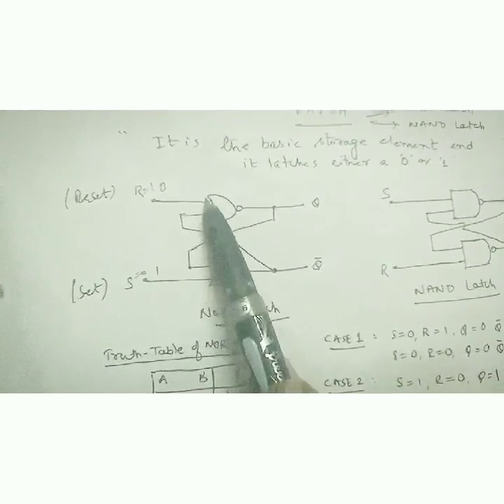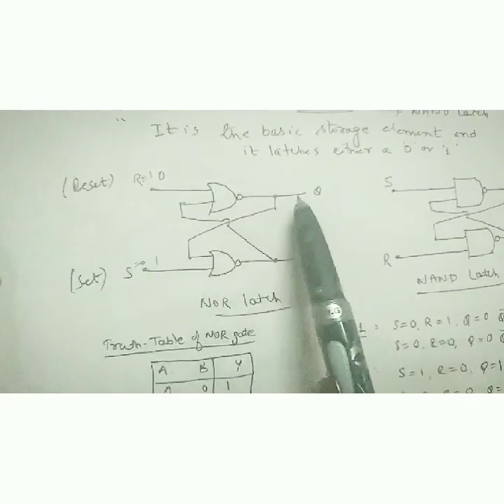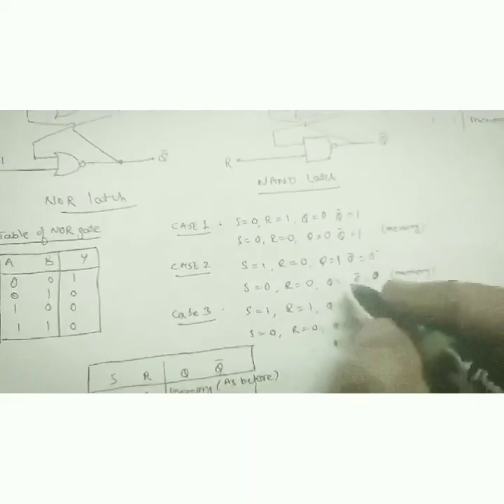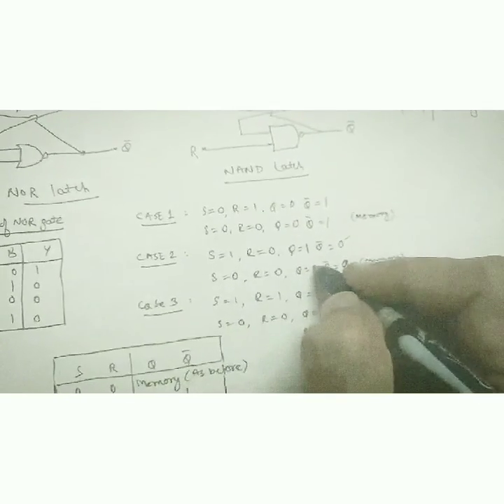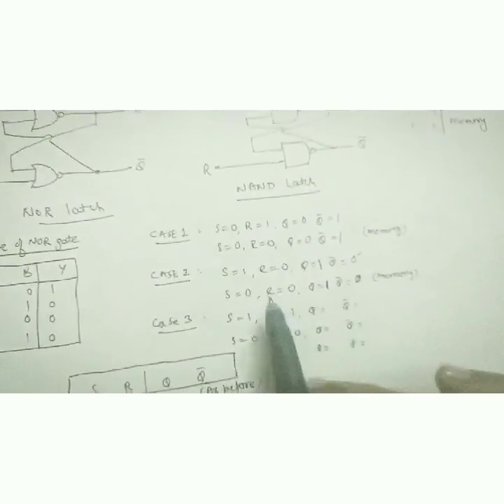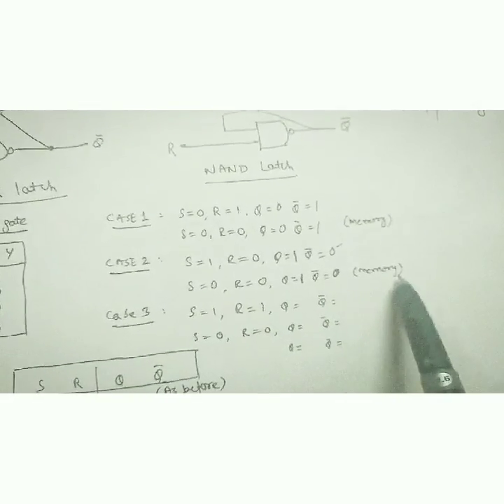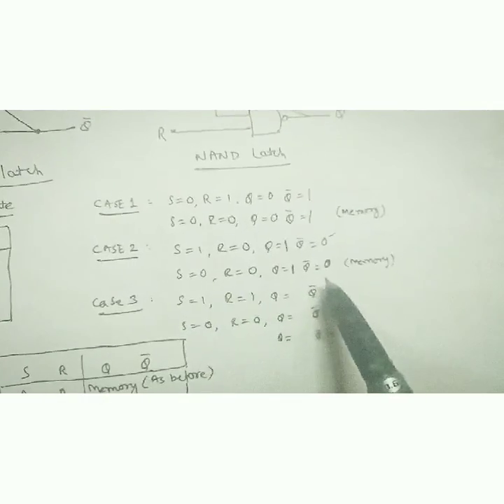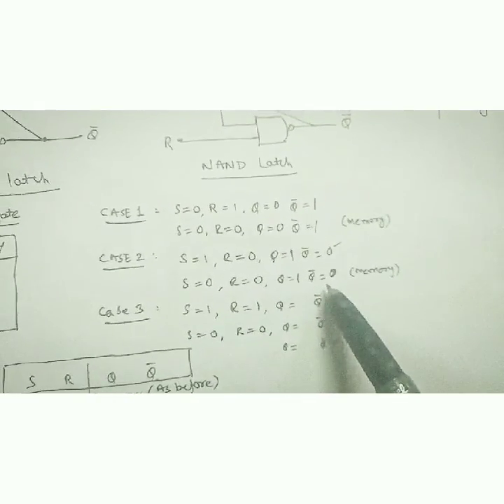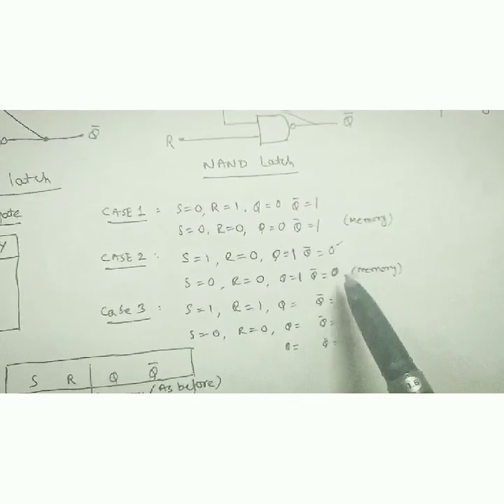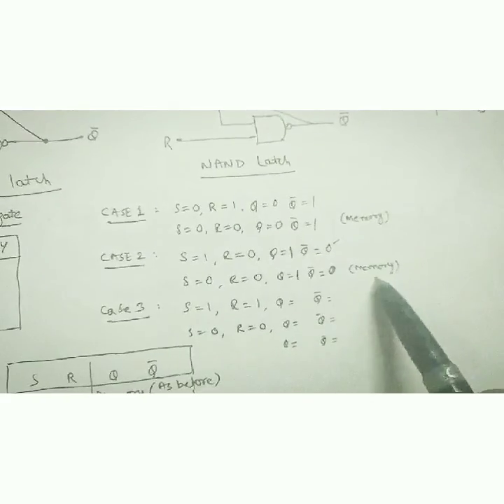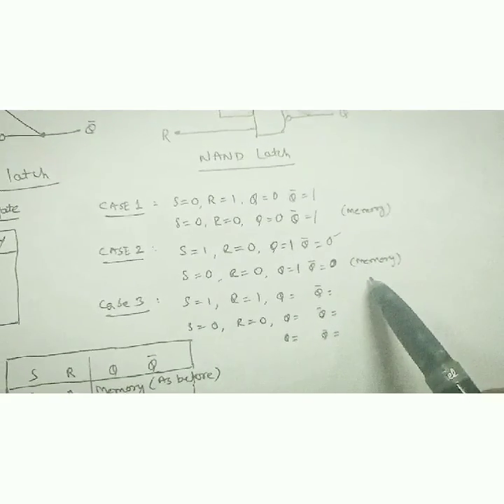Now this is 0, this is 0, and when both are 0, the output is 1. So Q we are getting as 1. So here I am writing Q as 1. So you can see that this state is known as memory state, as there is no change in the outputs. This is a memory state, or a no change state.